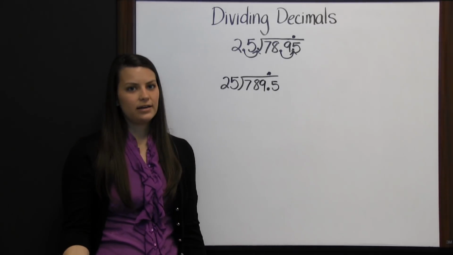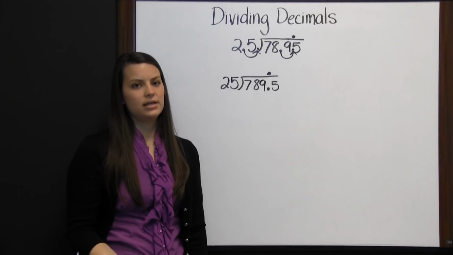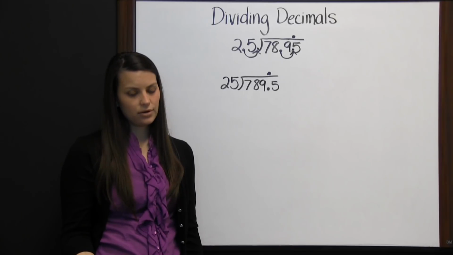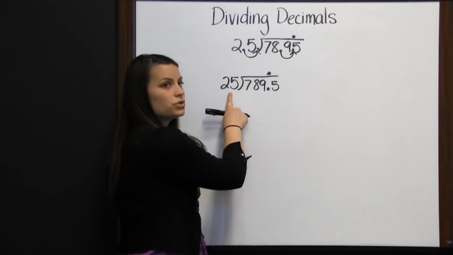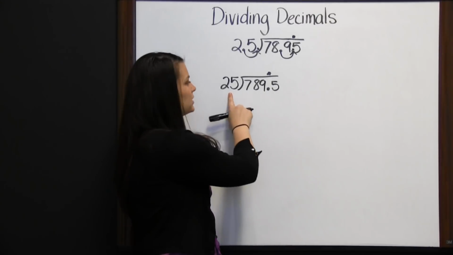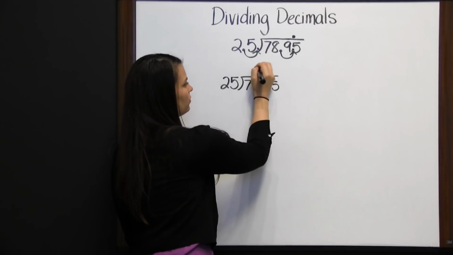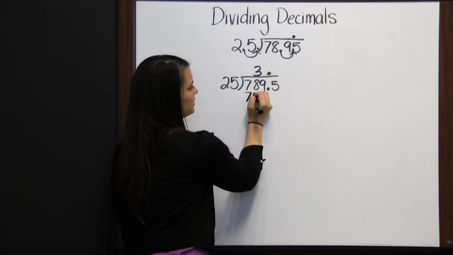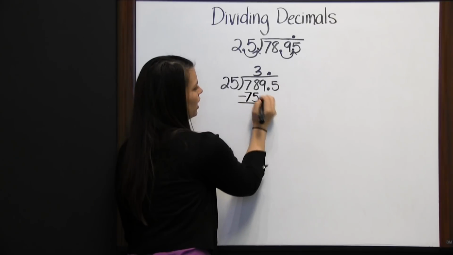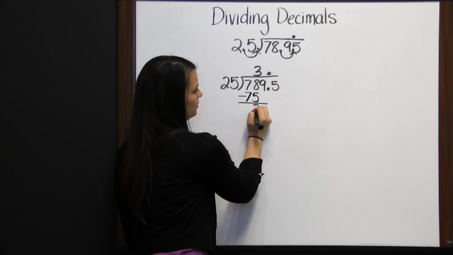Now we just divide as we would with whole numbers until we get no remainder, or you know it's a repeating decimal. So 25 goes into 78 3 times. 25 times 3 is 75. We subtract and we get 3.